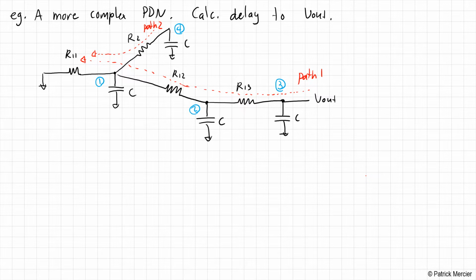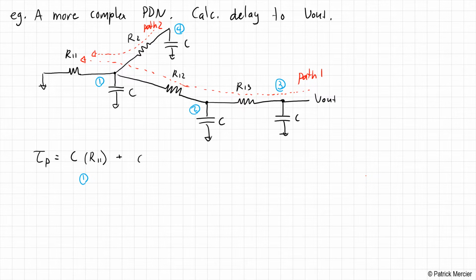Now if we go ahead and execute the Elmore delay formula, we get something that looks like this. At node 1, we have C of capacitance, and that's going to multiply by R11. That's the amount of resistance on that shared path. Now let's look at node 2.